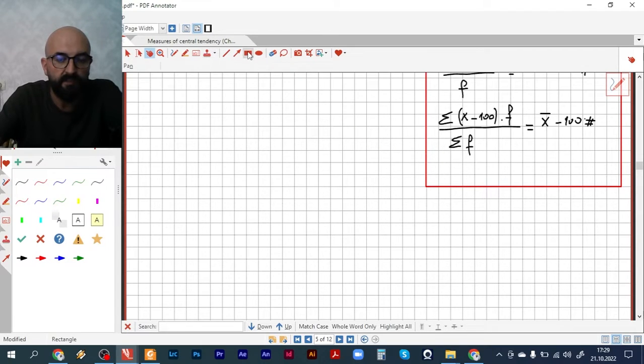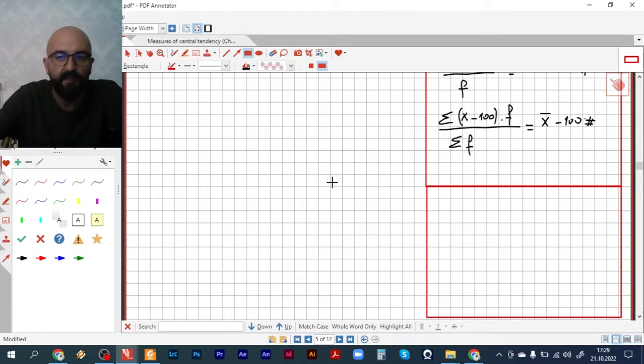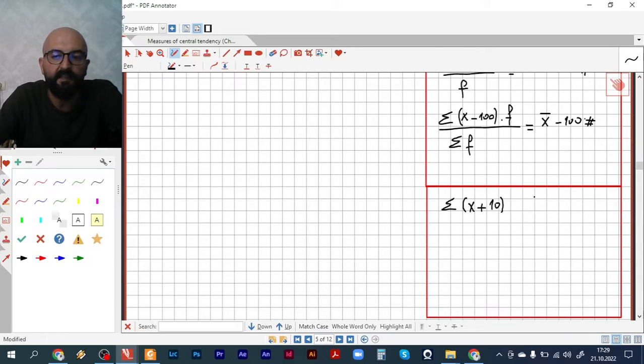And I want to remind you that, for example, if you have the sum of x plus 10 and the number of data is, for example, 20, you can write this as the sum of x plus 10 multiplied by 20, because you have 20 data.